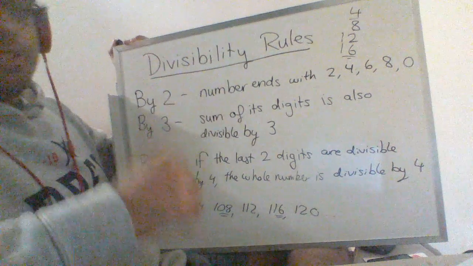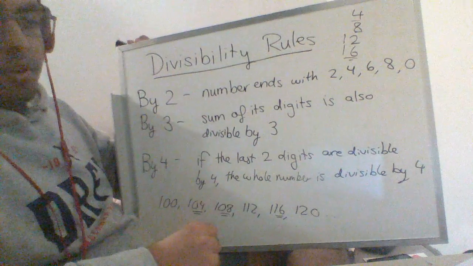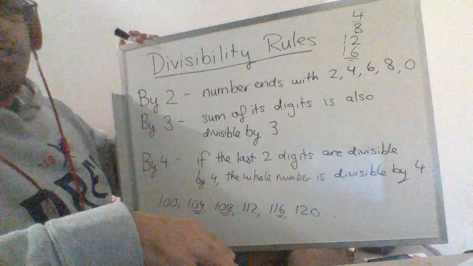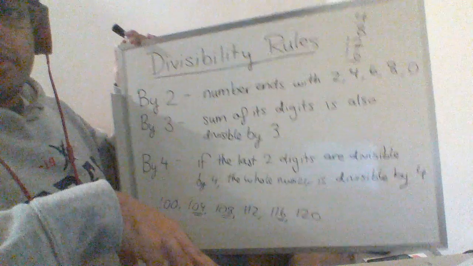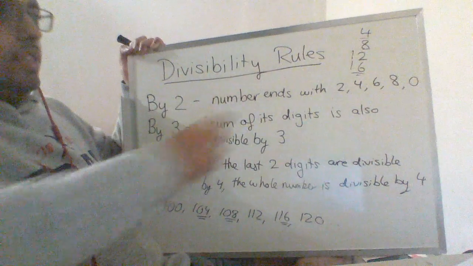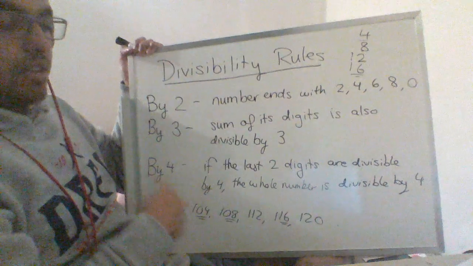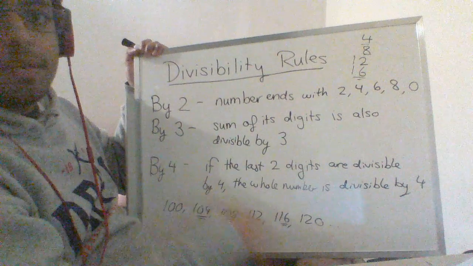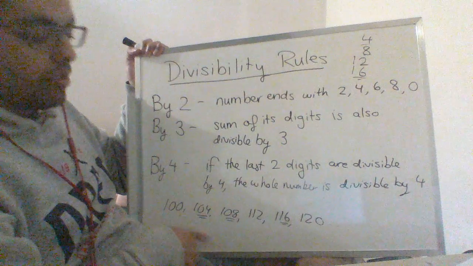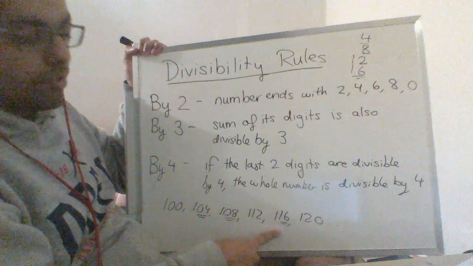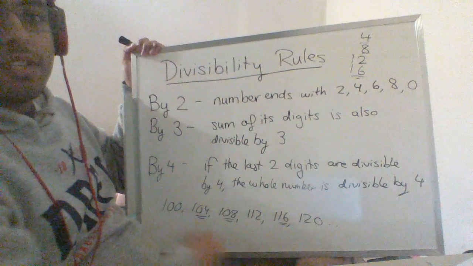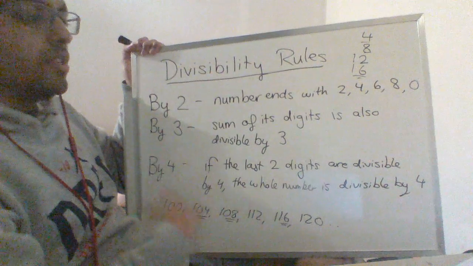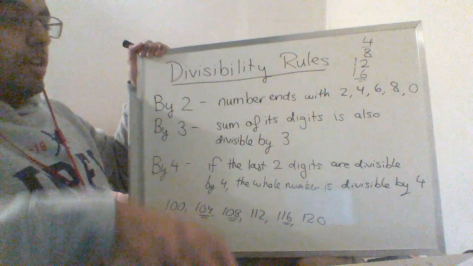So 392 will also be divisible by 4, and 10,292 will also be divisible by 4 because these last two digits just repeat. You get to 100 and then you go again, 4, 8, 12, 16, 20, and it just keeps going. You'll get to 200, then you'll have 204, 208, 212, 216, 220. So these last two digits are always the same for divisibility by 4.